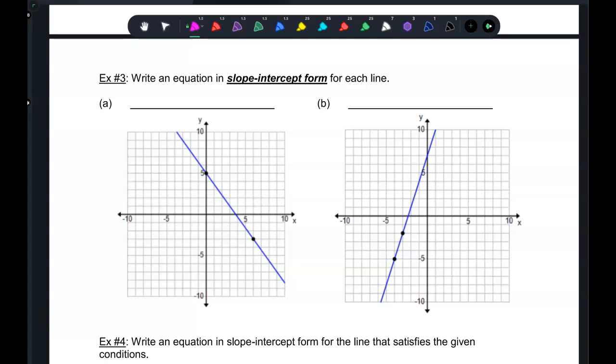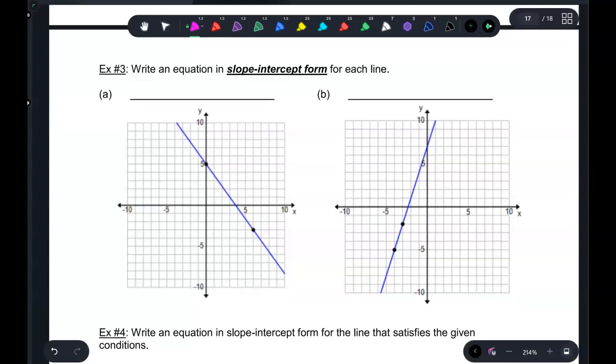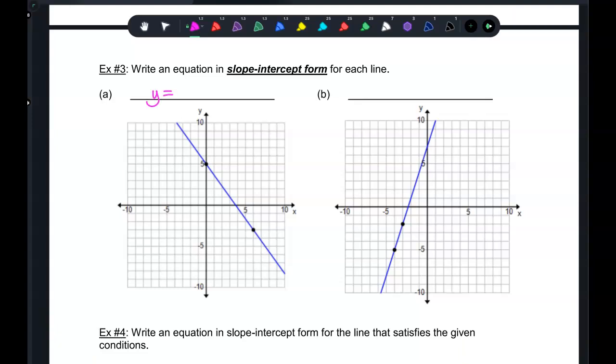I have the graph. I just want to write the equation in slope-intercept form. So y equals, okay, what do I know? b is equal to 5.